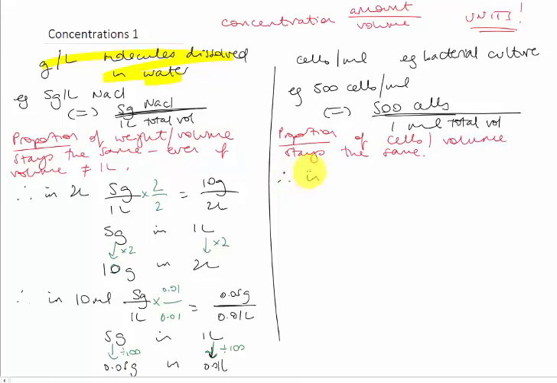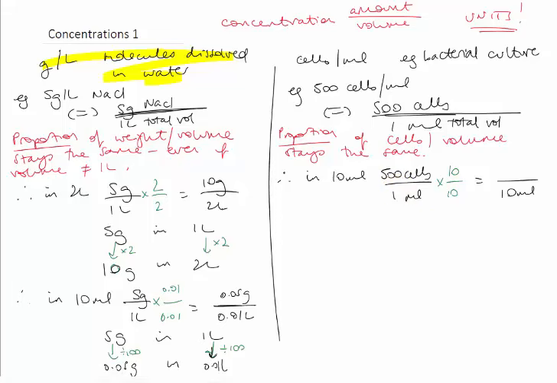Let's say in 10 millilitres of this culture, so if we've got 500 cells in 1 millilitre, and we want 10 millilitres, then 10 is 10 times bigger than 1, so we have to do 10 over 10. This keeps the proportion the same, so that gives us 5,000 cells in 10 millilitres.